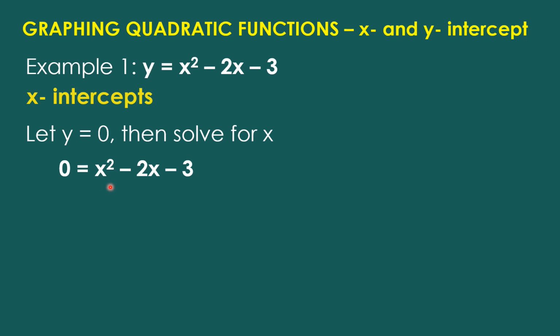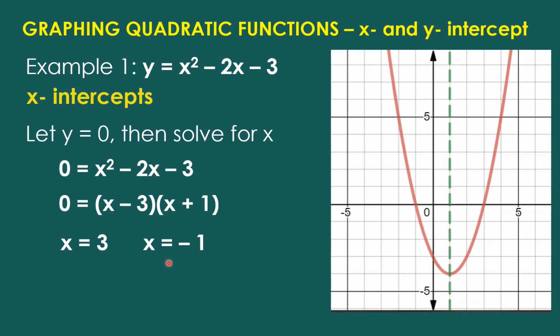So how are we going to solve this? We can apply factoring. We look for numbers that when you multiply is negative 3, but when you add is negative 2. The factors are x minus 3 times x plus 1. Then, equate it to 0 and solve. We'll have x equals 3 and x is negative 1.